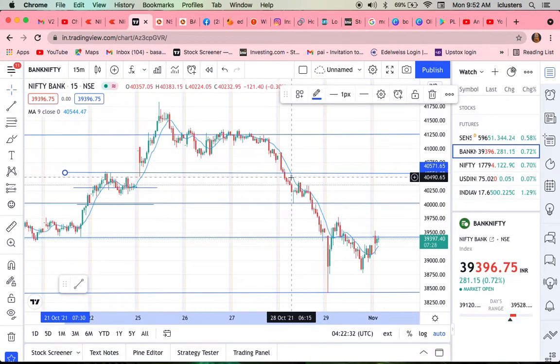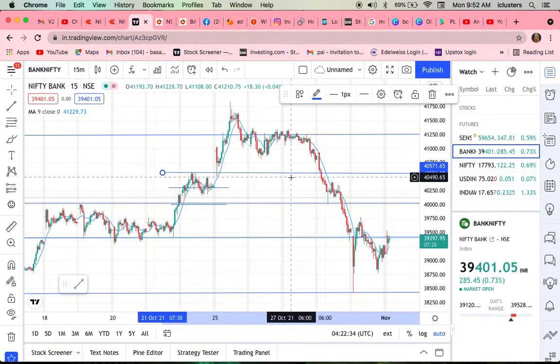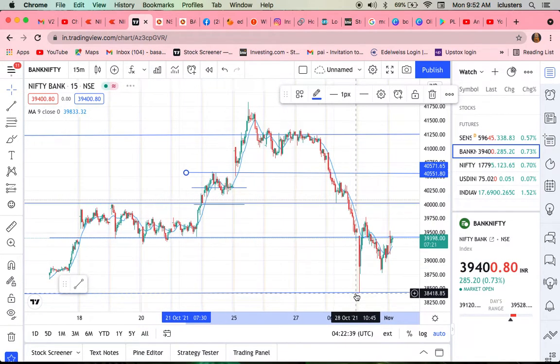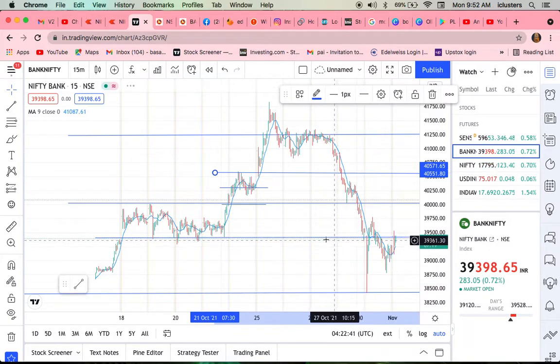See, friends, this candle wick reached the exact support area when I drew it using the 1 day candle.